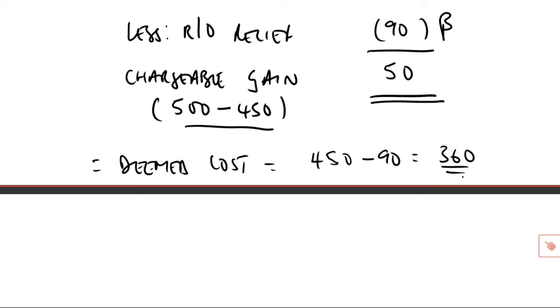Now, if all you require to do is just do the calculation, so it's an objective testing question or part of a computation, then that's it. You don't need to do anything else. You've done the numbers. If you were asked to both calculate and explain the implications of the rollover, then always something that, remember, we add in, having dealt with partial rollover.